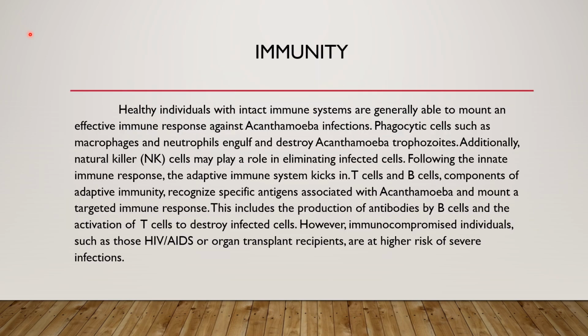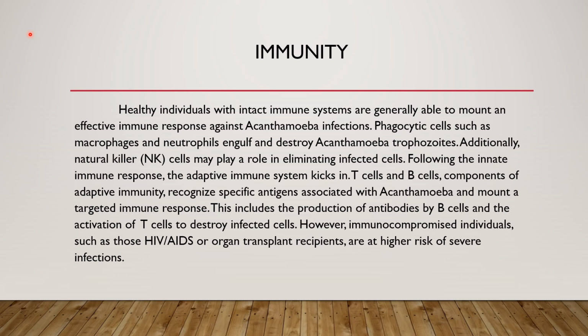So healthy individuals with intact immune systems are generally able to mount an effective immune response against Acanthamoeba infections. So your phagocytic cells such as the macrophages and neutrophils engulf and destroy Acanthamoeba trophozoites. Additionally, your natural killer cells may also play a role in eliminating infected cells.